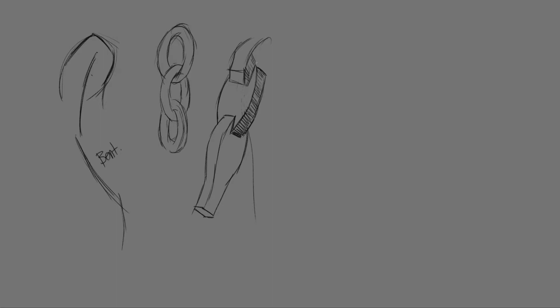Notice how this concept helps us understand shading.